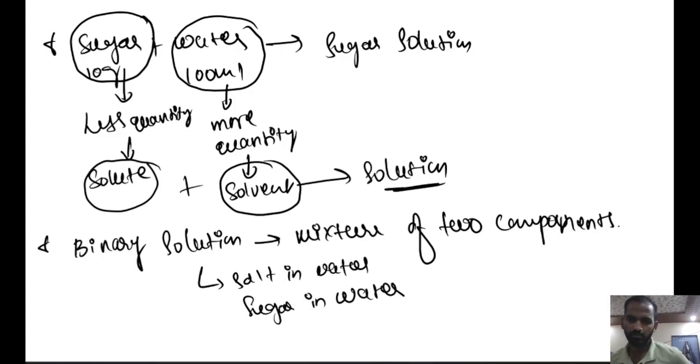These are binary solutions, meaning only two components are there, no extra solute. For example, nitrogen in the atmosphere, nitrogen will be there, carbon dioxide also, and oxygen also. Those are not called binary solutions. Those are called ternary solutions, and quaternary solutions come in those classifications. So this is about binary solution.